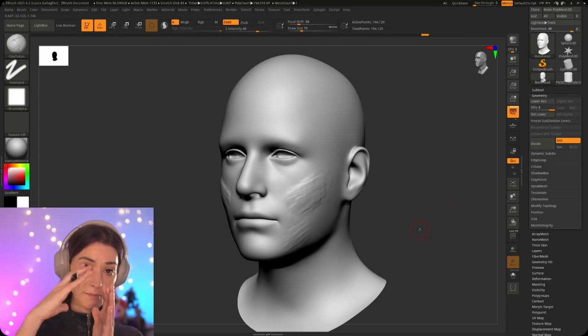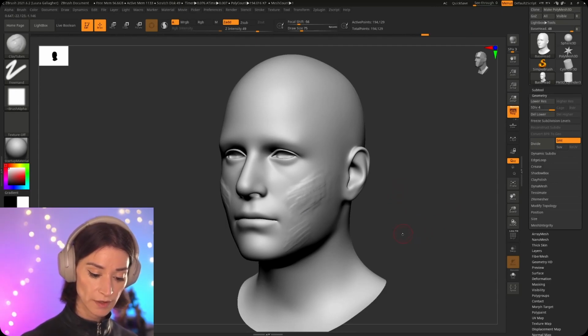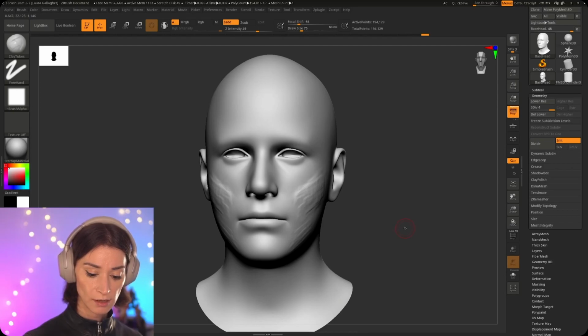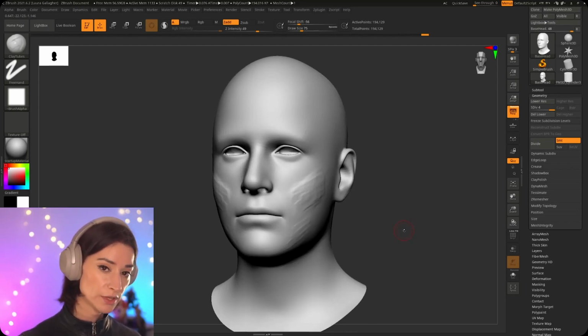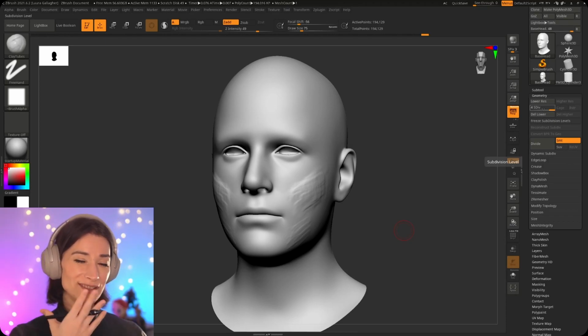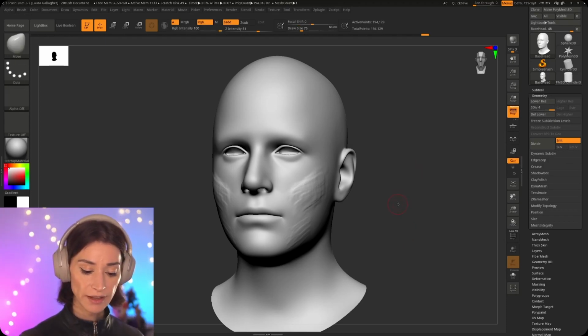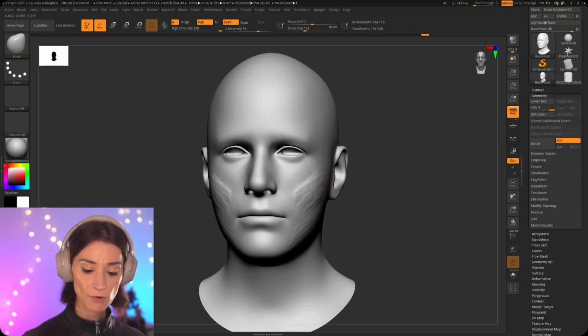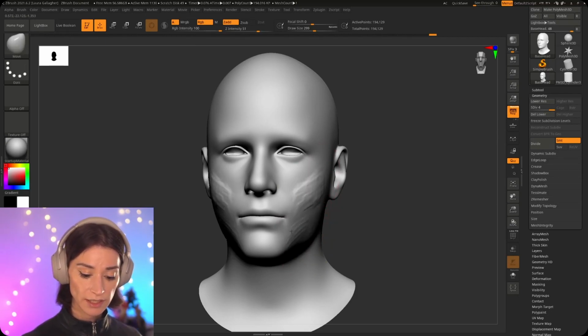But if I want to make some major changes to the surface of my model, I should probably do it at a lower subdivision level. Now, you don't technically need to do that. I can go in here, take my move brush, of course, and start to push and pull on this without any problems, and the details certainly follow.